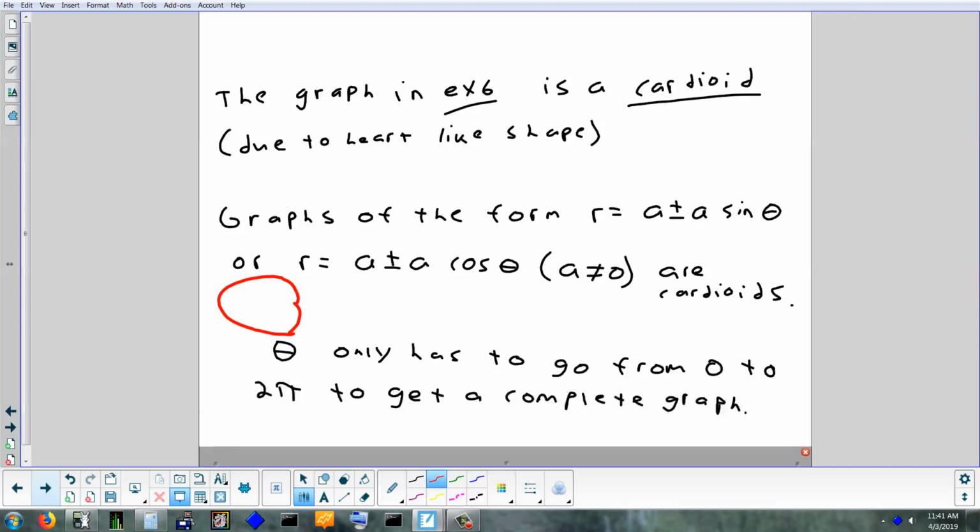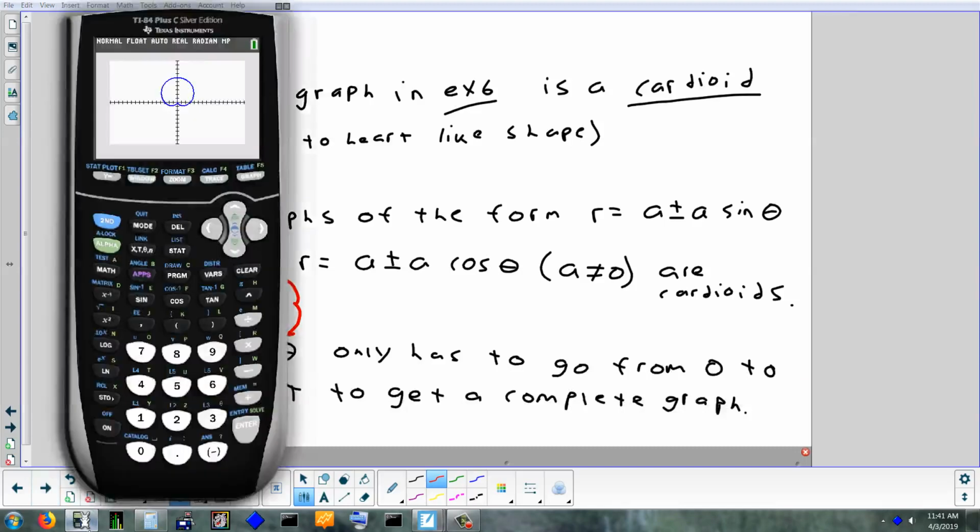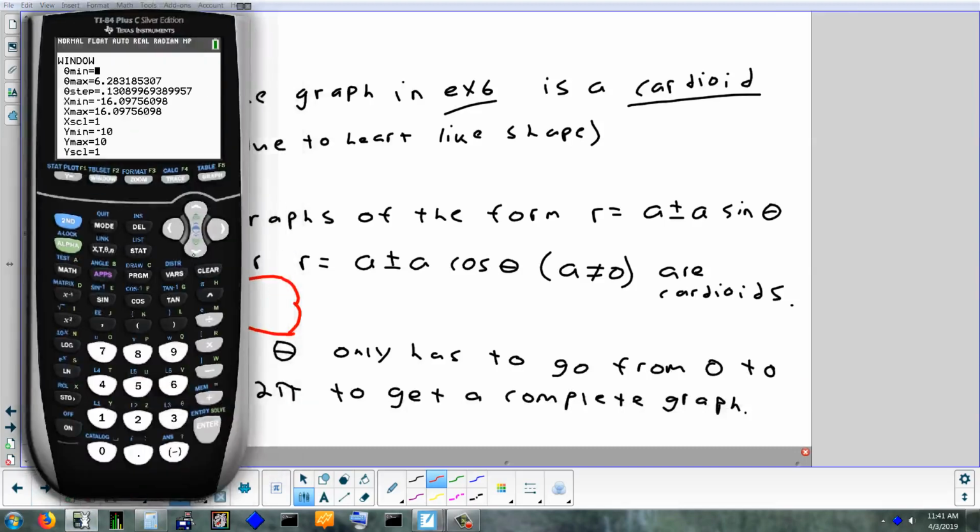Now, theta only has to go from 0 to 2 pi to get a complete graph. If you put in something less than that, like 0 to pi, it's not going to work. You only get half the cardioid, quadrants 1 and 2. What happens if I did something like 4 pi?